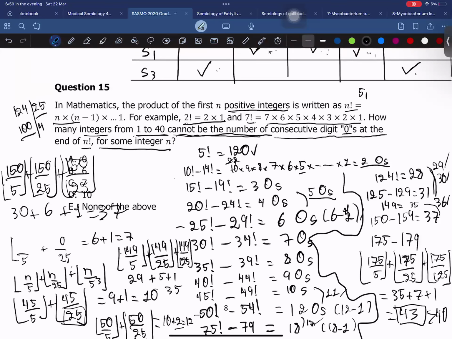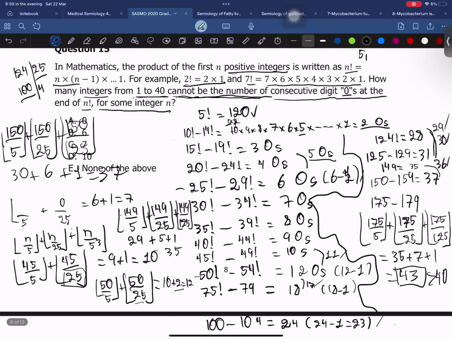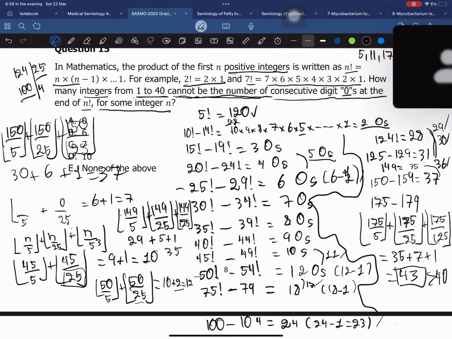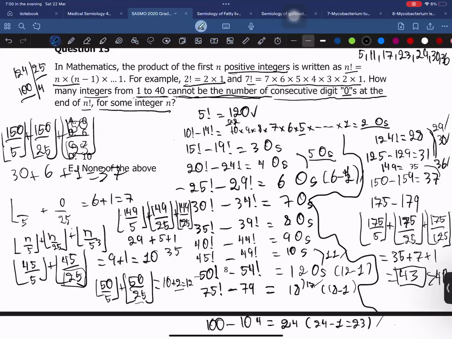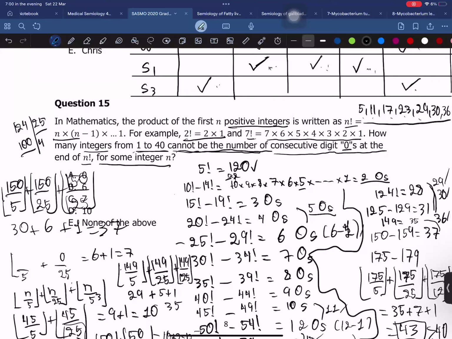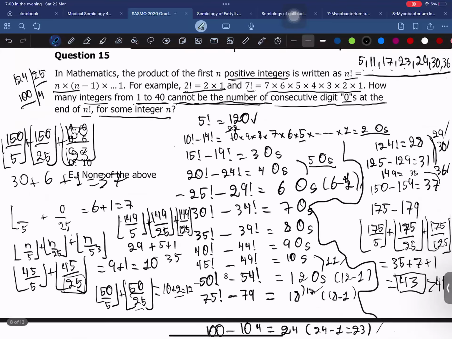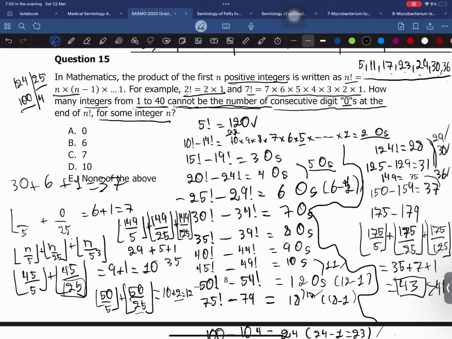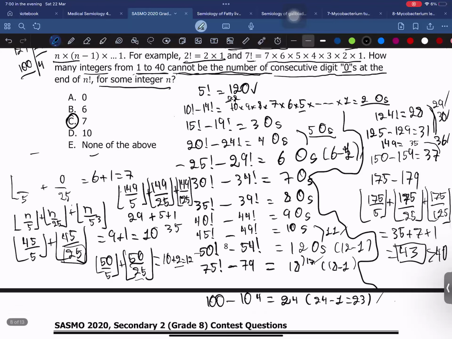So it's 5, 11, 17, 23, 29, 30, and 36. Yeah, so 1, 2, 3, 4, 5, 6, 7. So finally we get the answer. Our answer is C.